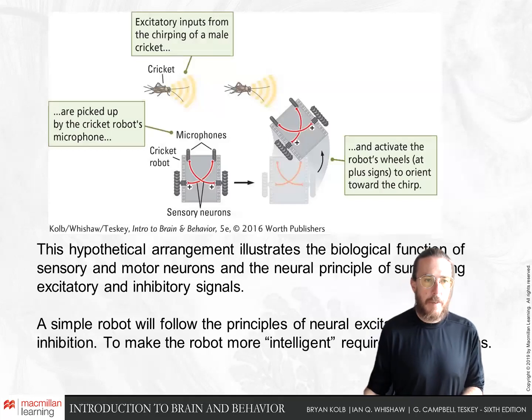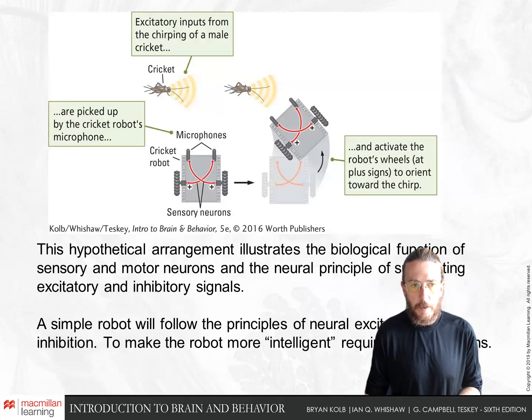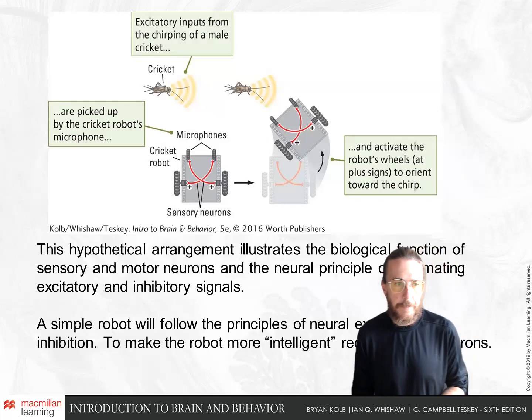So you could think about a very simple circuit with two microphones, each having an excitatory connection, or they would increase the speed of the motor. And the cricket being closer to one of the microphones will create a louder signal at that microphone, which will move this motor a little more, turning the wheel towards the cricket.